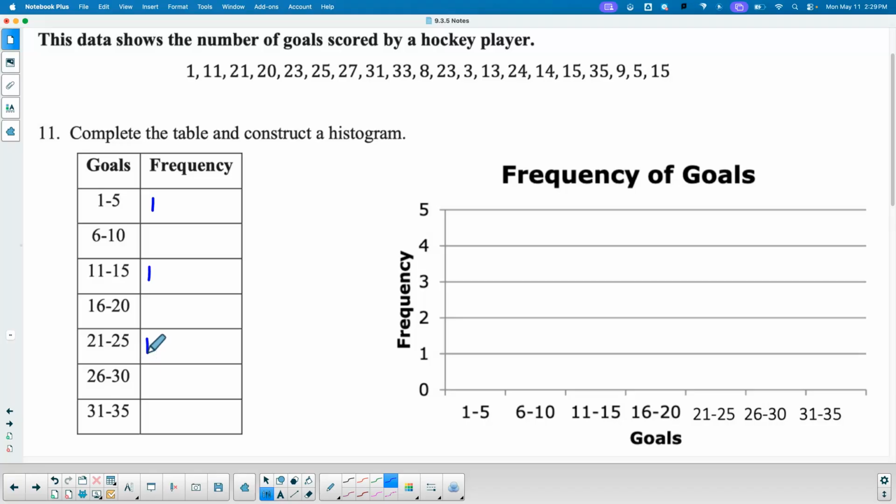There's a 21, a 20, 23, 25, 27, 31, 33, 8, 23, 3, 13, 24, 14, 15, 35, 9, 5, and 15.